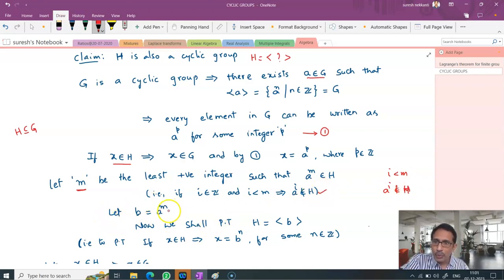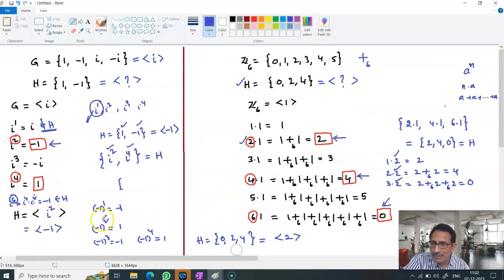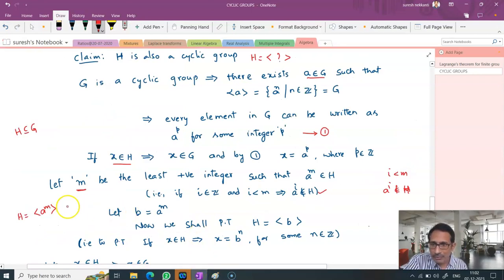Now what we want to prove is that H is a cyclic group. So we will prove that H will be generated by this A^m. That is what I have shown you here in the example. I proved that H is generated by i^2, right? So i^2 is what? -1. Similarly, here also A^m will be an element of H.